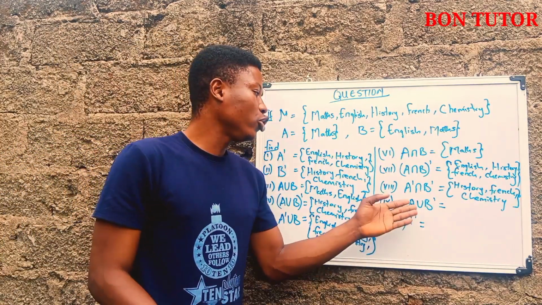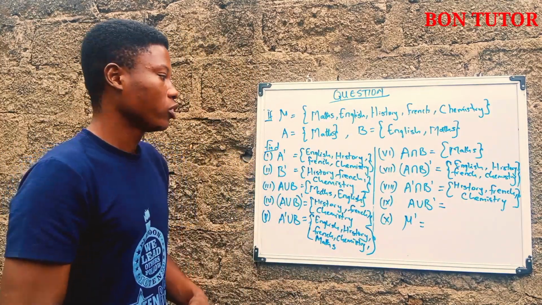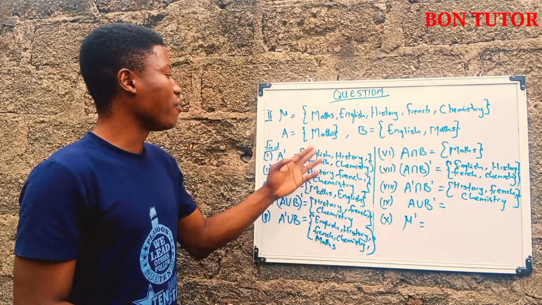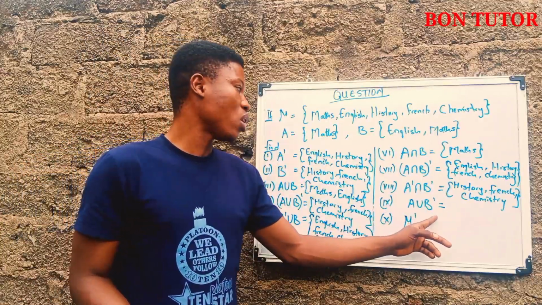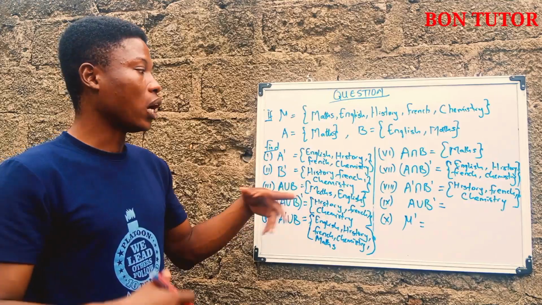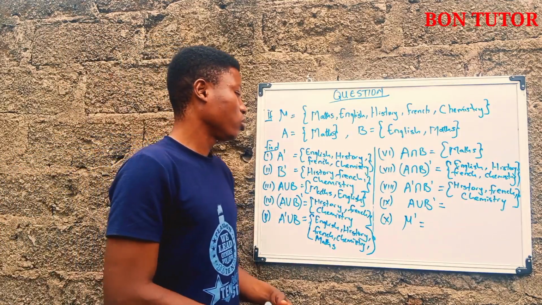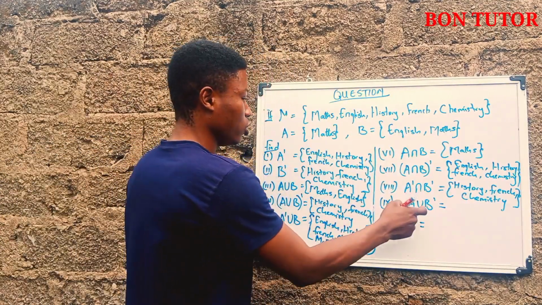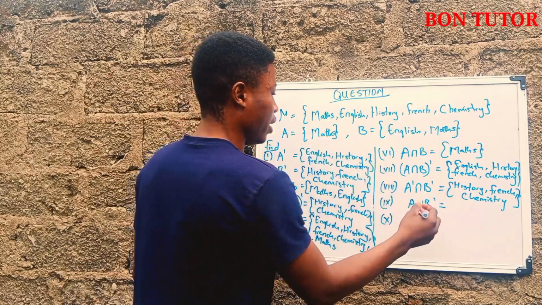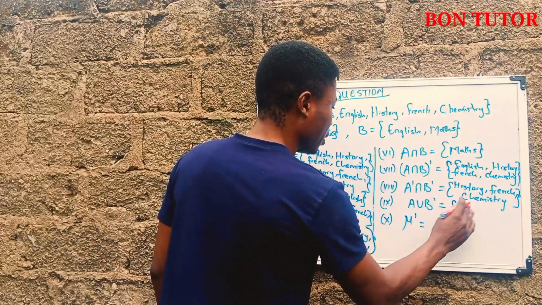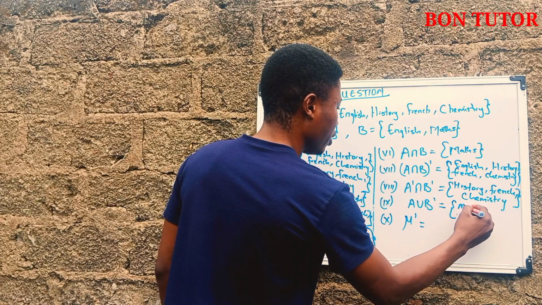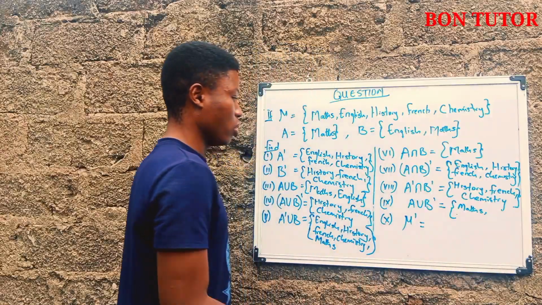Then you have A union B prime. So you are adding the elements you have in A to the elements you have in B prime without any repetition. You only have math in A, so you have math.